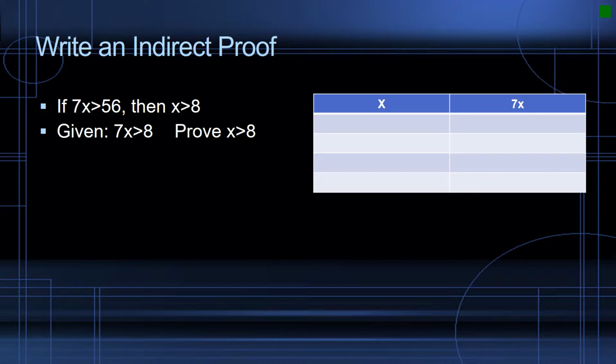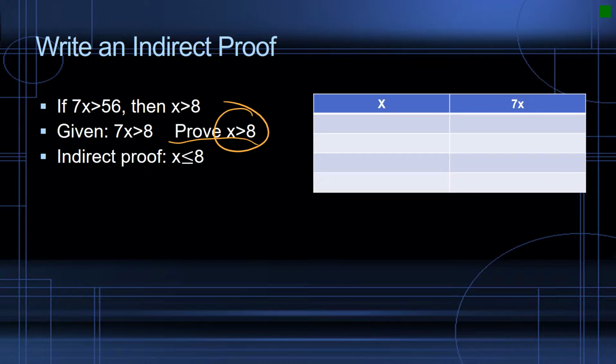Now, indirect proof means that we will take this statement and make the assumption and contradict it. And so by doing so, we would then say that by indirect proof, x is less than or equal to 8. That would be the opposite of x is greater than 8.